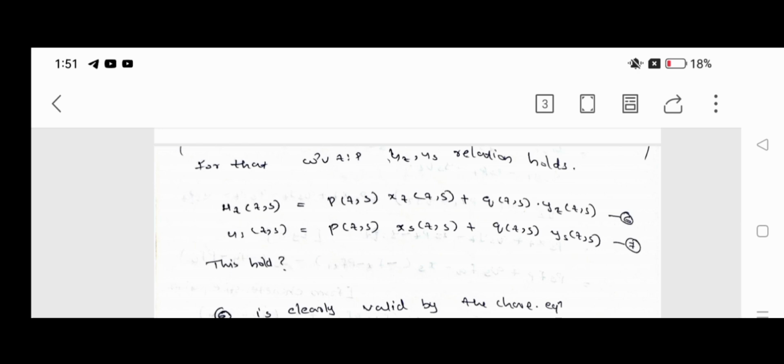Now it remains to prove that equation 7 is also valid for the values of t other than 0.